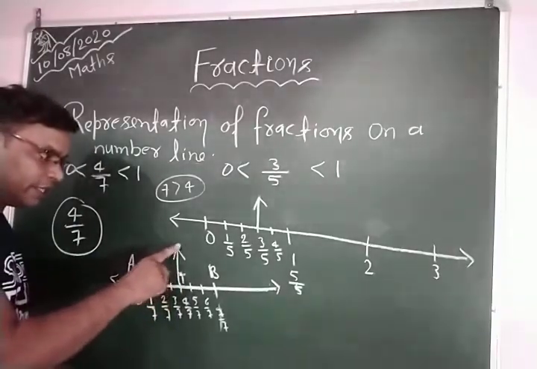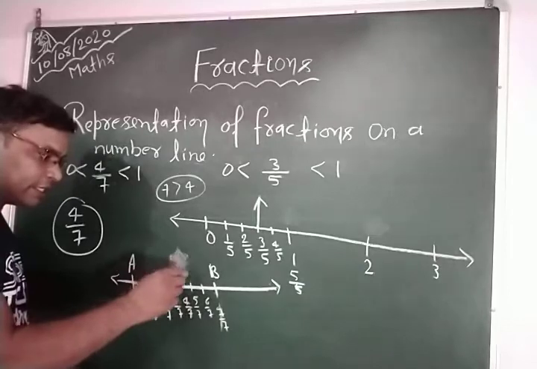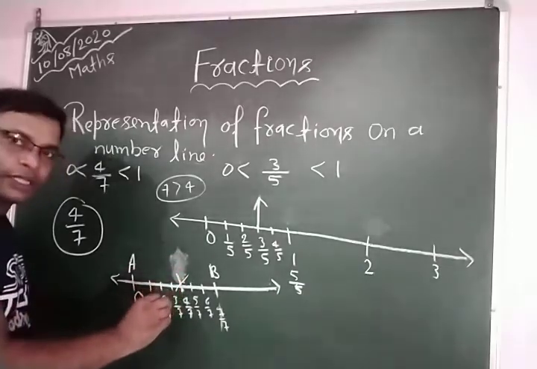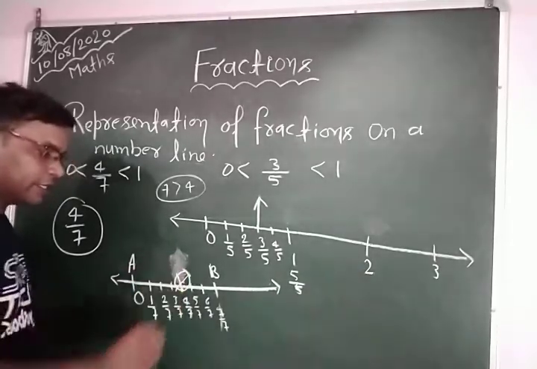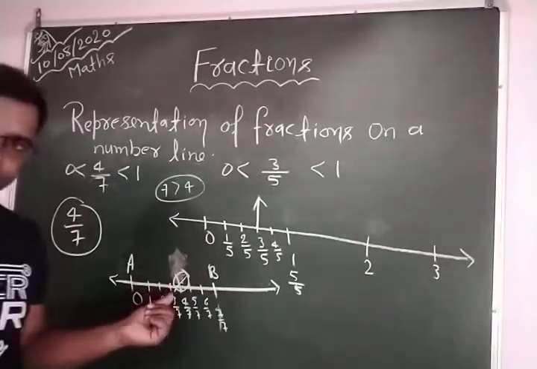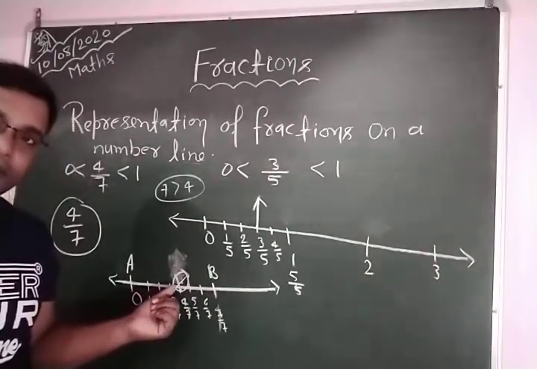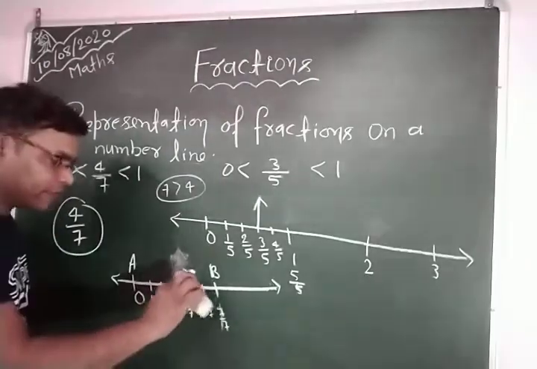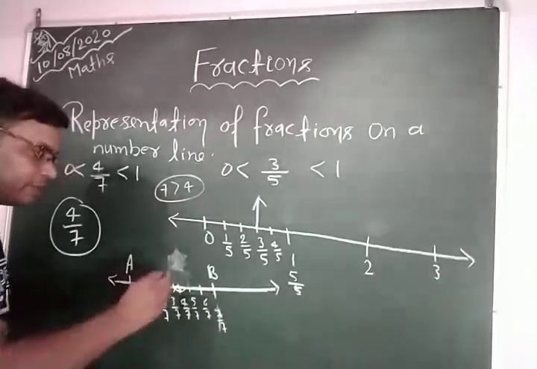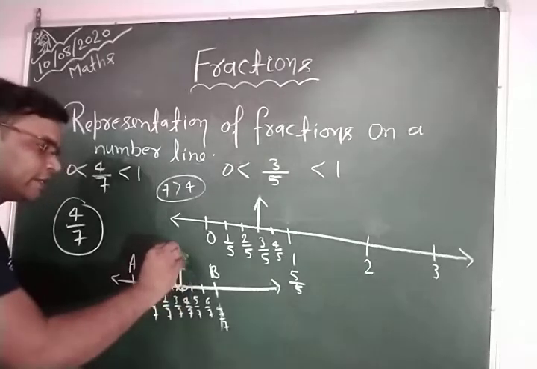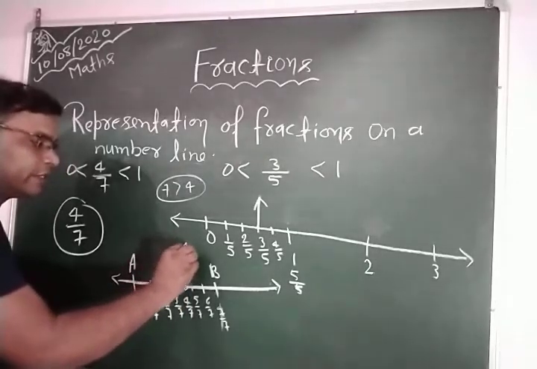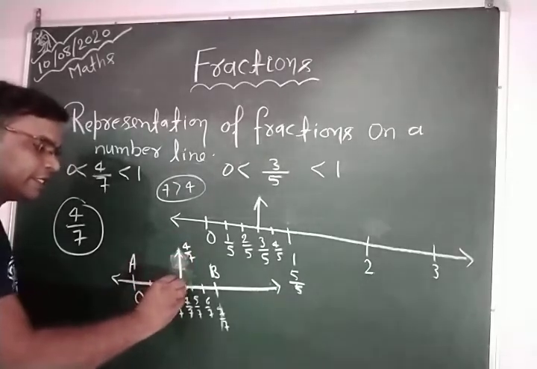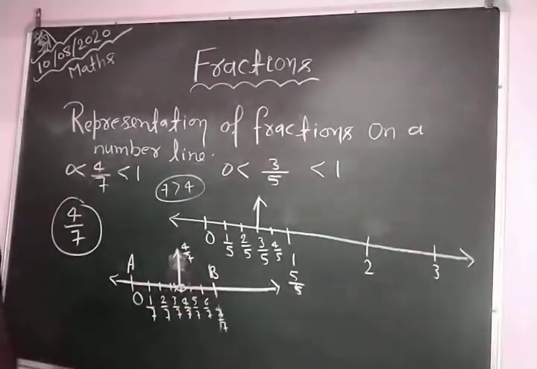Somewhere you will find a cross like this, or a circle, and this symbol represents 4 by 7. But I think for you this arrow is best. You write here 4 by 7. This point is represented by 4 by 7.